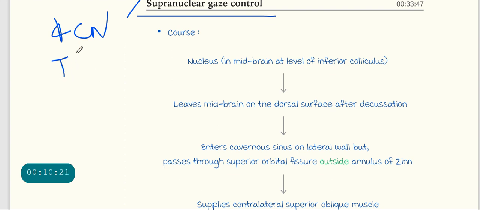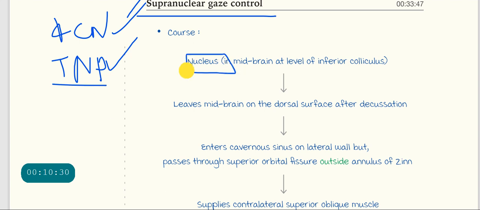Let's study about this. We'll begin with the position of the nucleus of the fourth cranial nerve. It is situated in the midbrain at the level of the inferior colliculus. Remember, here it is inferior colliculus, there it was superior colliculus.